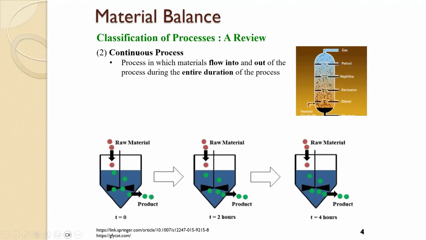Lightest is the methane. So you can see here that the process is continuous, and the materials flow into and out of the process during the entire duration, right? The heated crude oil is entering, and it's continuously going out as it's being distilled.